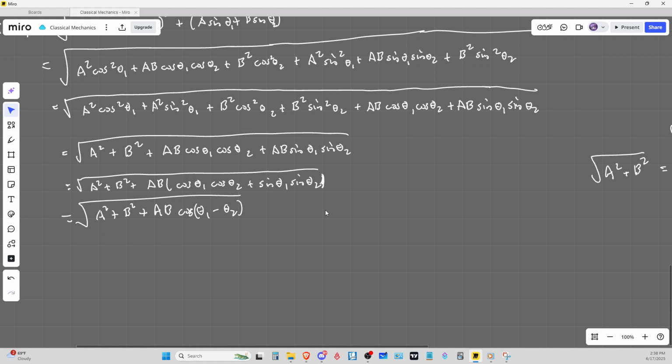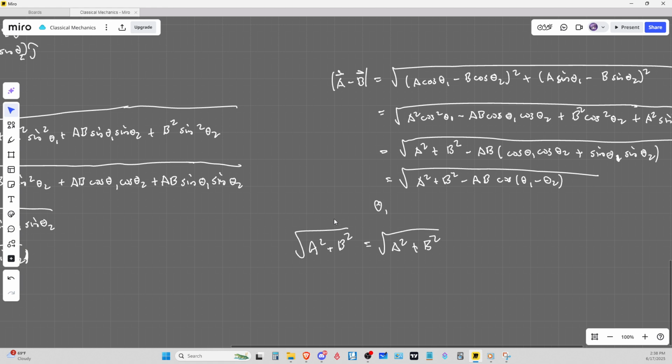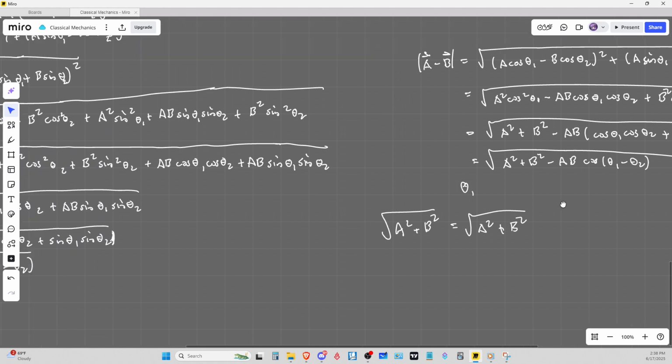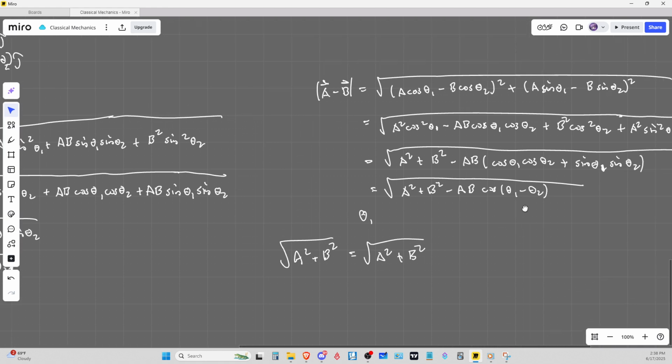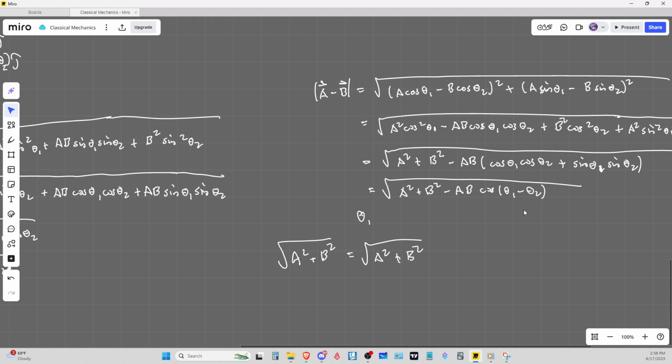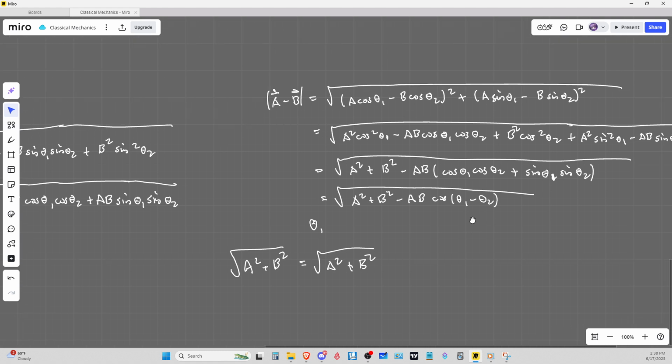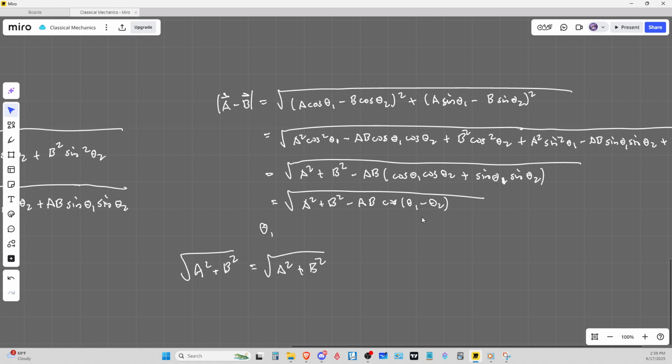Dang, that would be 180 degrees, because that would be 90 plus 90. And we can't have it be 0 either. That'll be 180, and that'll be minus AB, which is not what we want. We had this plus.